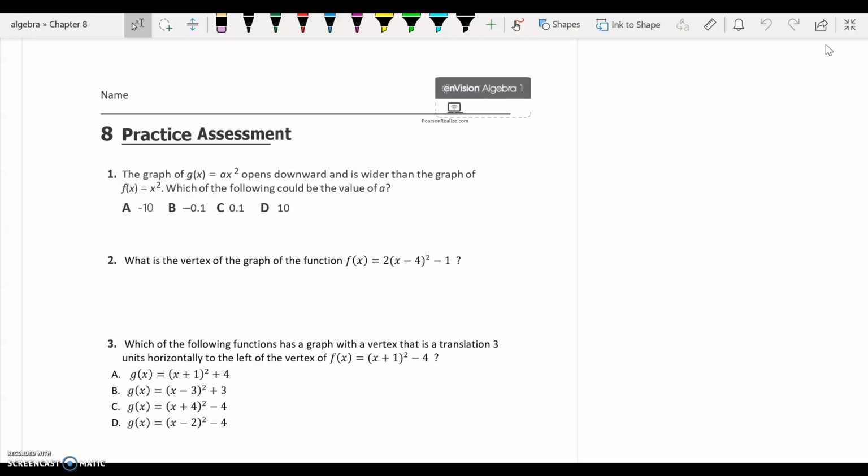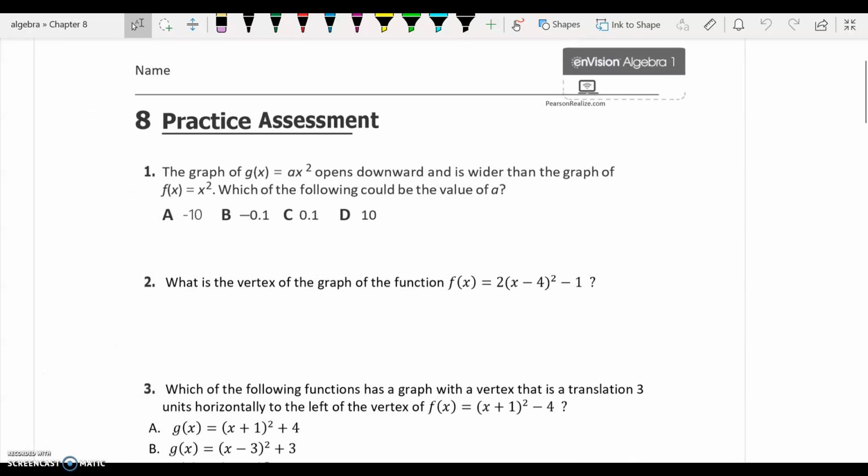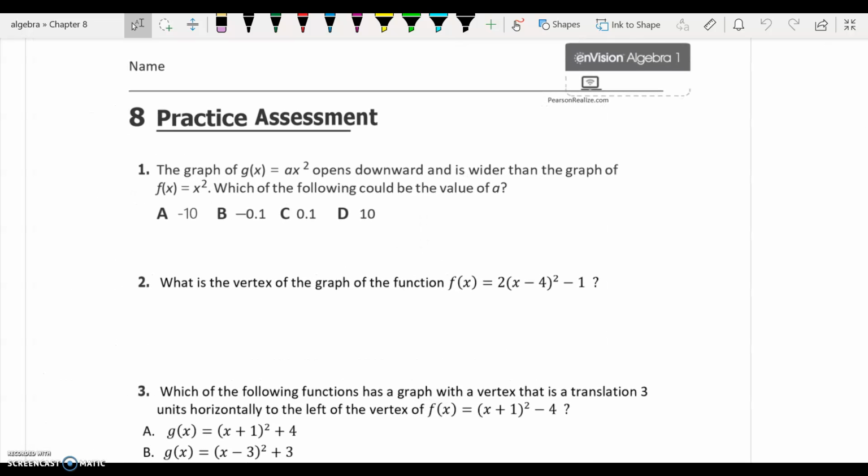So the first one says the graph of g of x equals ax squared opens downward and is wider than the graph of f of x equals x squared. Which of the following could be the value of a? Well, we know that if it's downward, that means negative.